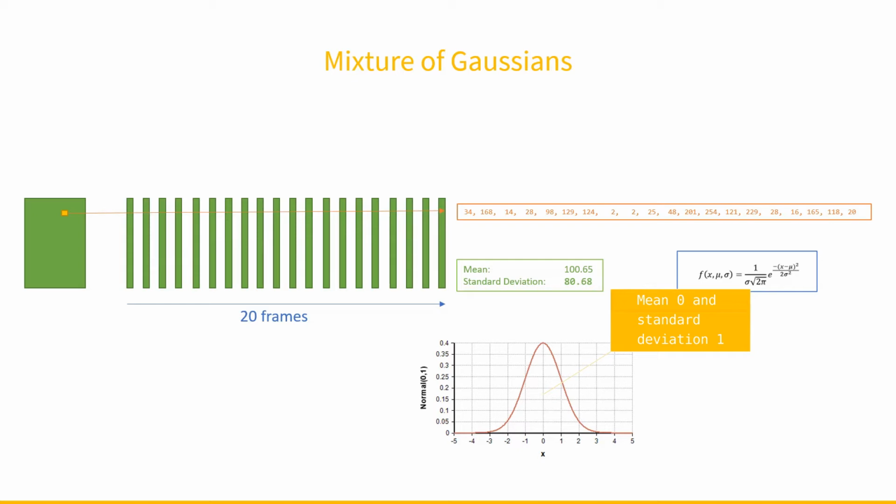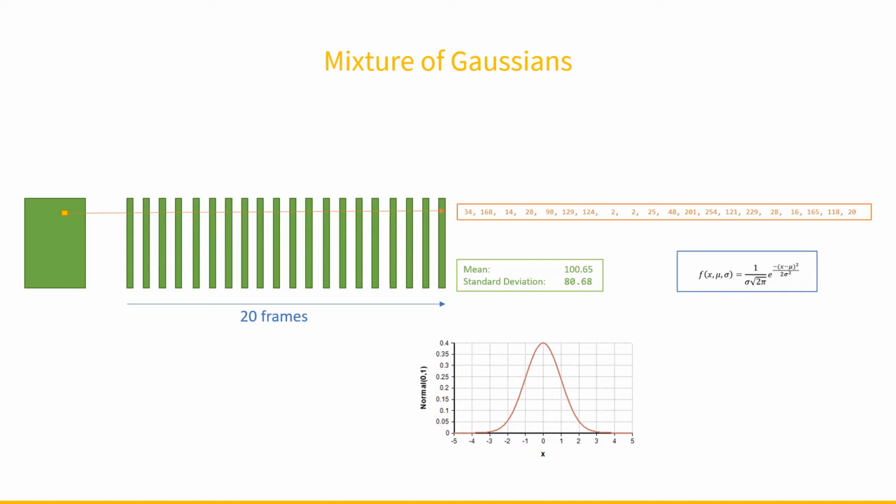Here the mean is 0 and the standard deviation is 1. Standard deviation is how much the data deviates from the mean. By this formula you can easily generate this Gaussian distribution. Generating this distribution is called training.